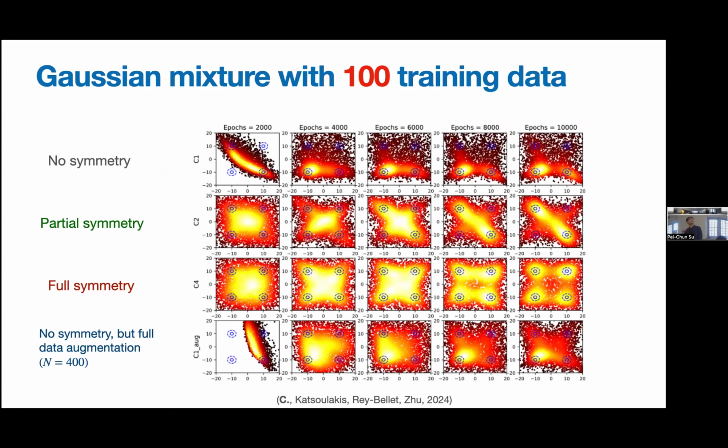So it's a vanilla GAN with 400 training data with full data augmentation. If you compare the bottom row with the top row, you can see data augmentation does help, but it's not that helpful compared to building symmetry directly into the models, as in the third row.